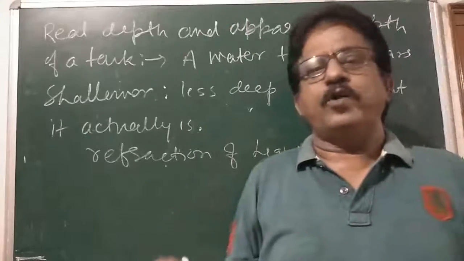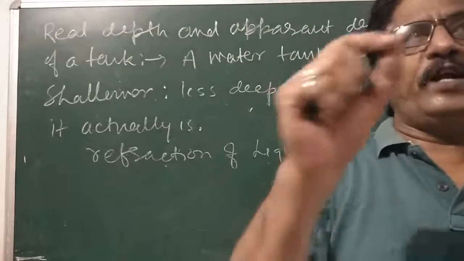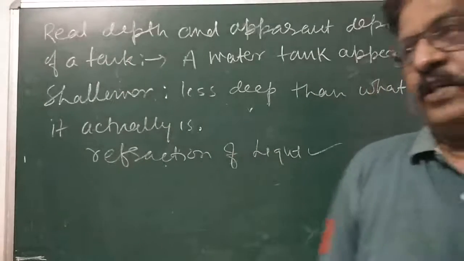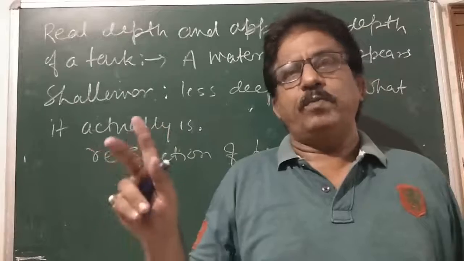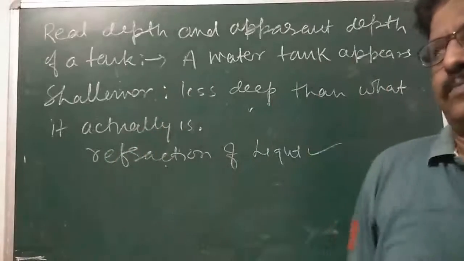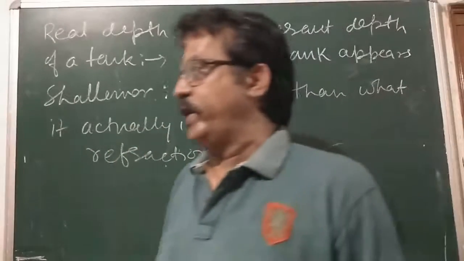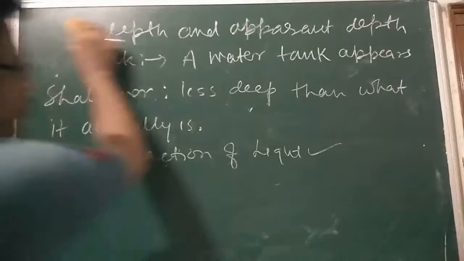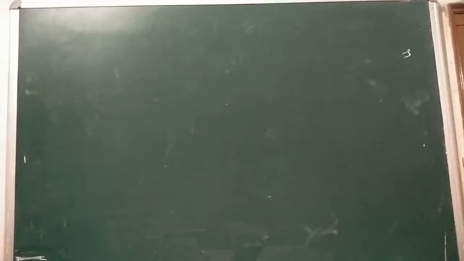Once the ray goes from rarer medium to the denser medium, it will bend towards the normal. If the ray is going from denser medium to the rarer medium, it will go away from the normal. That all we have seen. Now here we are going to see real depth and apparent depth. So I am going to draw a diagram and explain mathematically how it occurs.